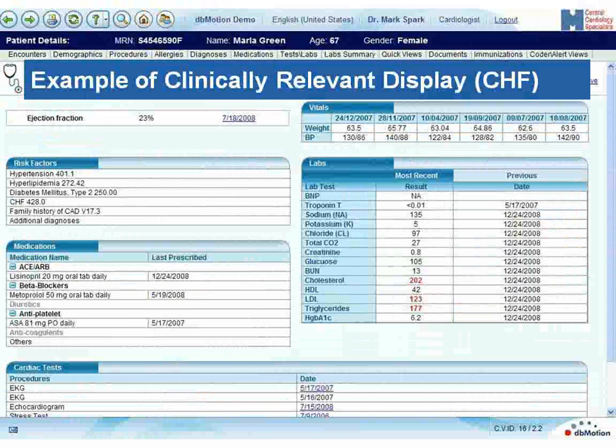So if a new laboratory test is invented tomorrow that's relevant, we create that relationship, put it into a vocabulary or semantics management system, and suddenly that laboratory test will appear on this view without having to take a code upgrade or recompile the code at all.